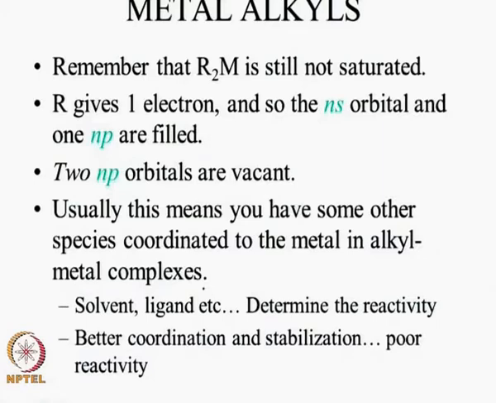It has to be an ether or an amine in order to stabilize the incipiently formed metal alkyl species. If there is better coordination, there is better stabilization, but then the reactivity of the metal alkyl species is poor. So, you have the familiar trade-off between coordination, stabilization and reactivity. The more reactive the species, the poorer it is coordinated, and vice versa.